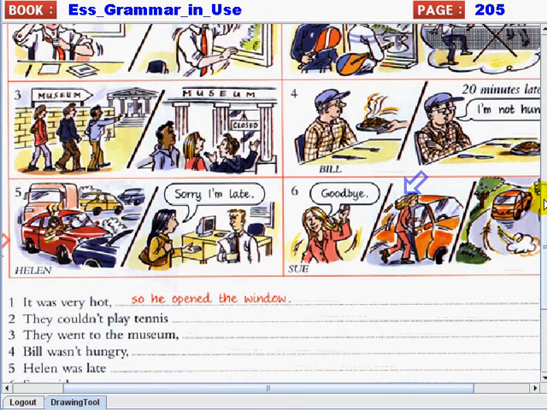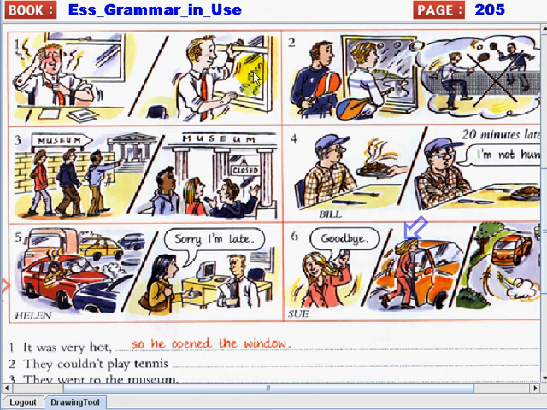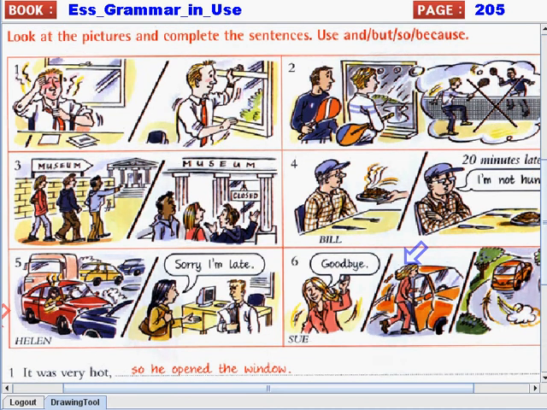It was very hot, so he opened the window. He used the word so to emphasize the result of the cause. The weather is very hot. Now the result is that he opened the window. That's why he used the word or conjunction so.